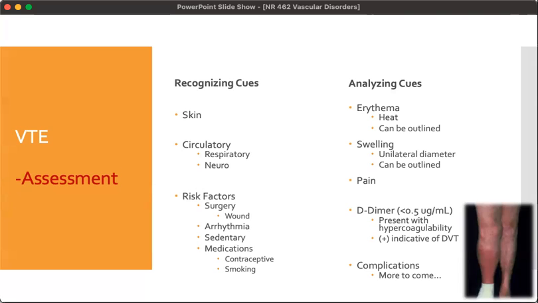So moving over to our analyzing of cues, so the specific symptoms we're looking for on the skin, we're looking for erythema, so redness, heat, looks angry, looks like there's an inflammatory response going on, and we can usually outline it. And we actually do want to outline it whenever we see erythema because we want to know whether it's spreading or not.